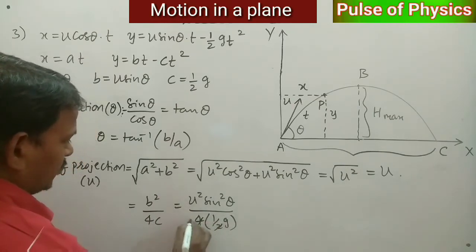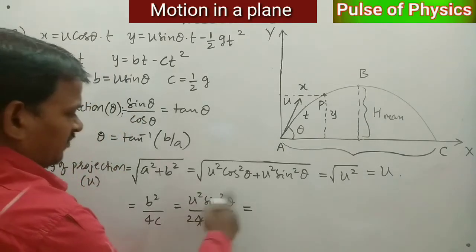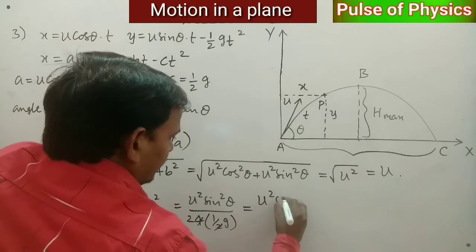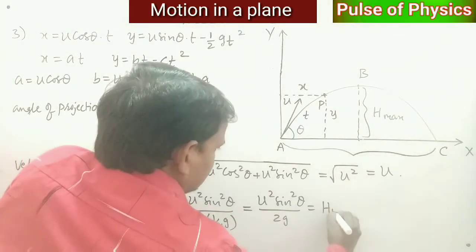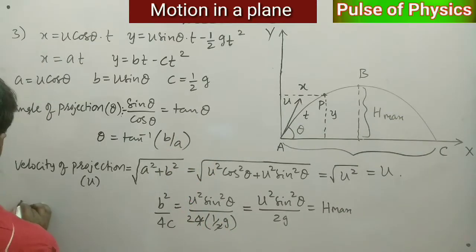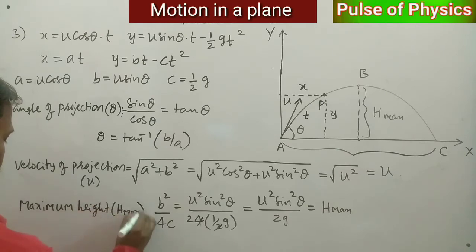So the 2s cancel, and 2 times 2 is 4. U square sin square theta by 2g is giving h max. So the maximum height, h maximum, is equal to b square by 4c.